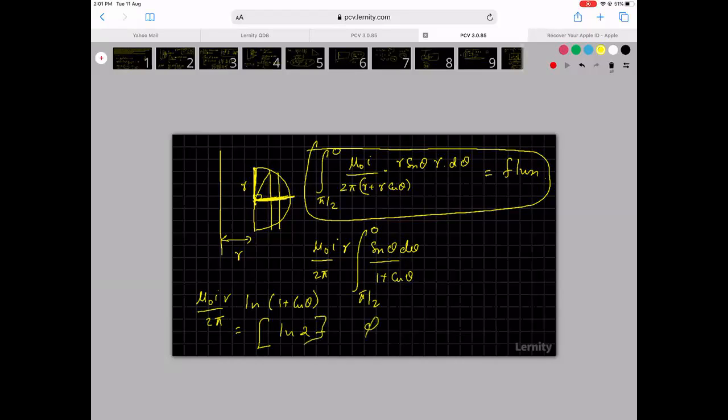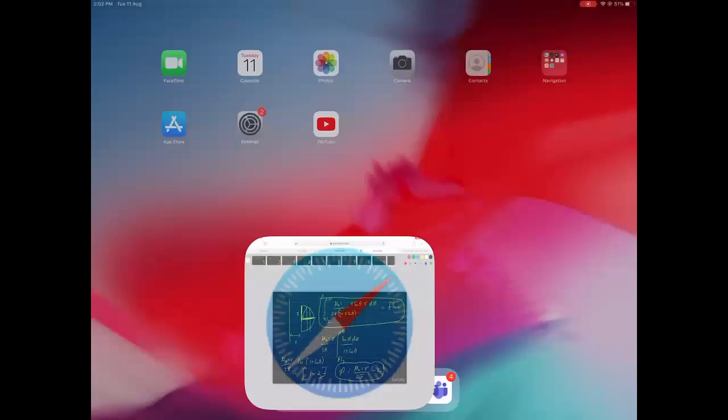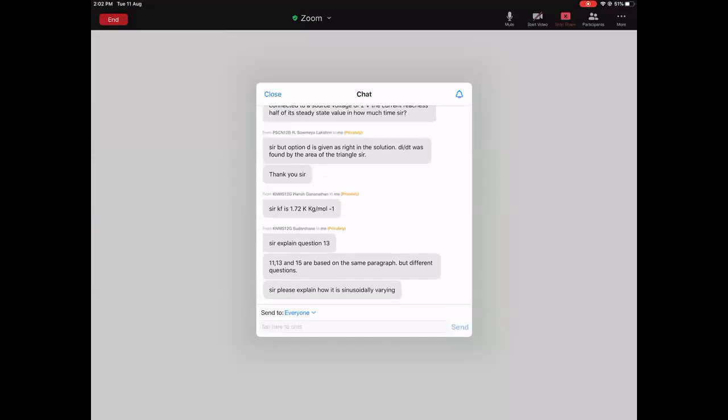So flux is equal to mu naught I r by 2 pi ln 2. This I think should be the flux. So there is some error in the options given; none of these is the option for all of them. So 11, 13, 15 are done.